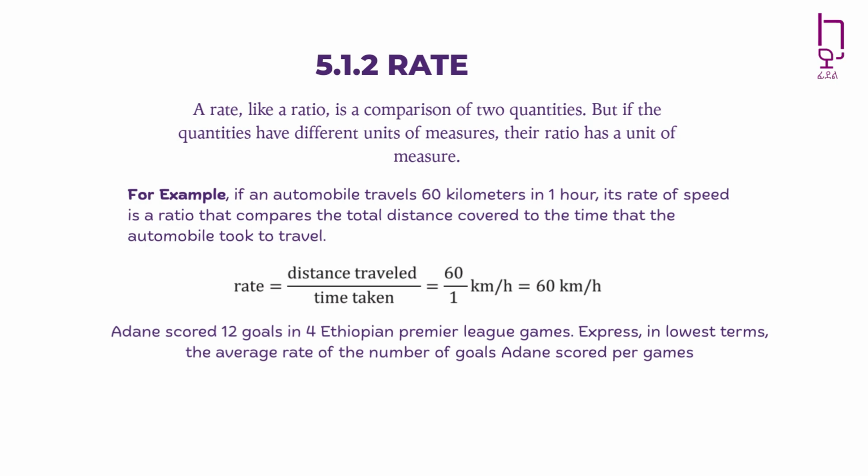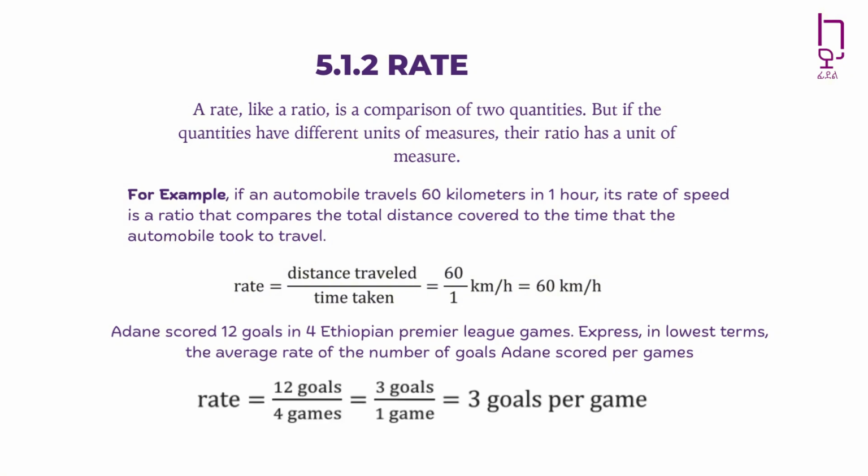Express in lowest terms the average rate of number of goals Adana scored per game. So the rate would be, he scored 12 goals, it would be the numerator, and he has out of 4 games, right? So you have 4 in the denominator. So if you divide 12 by 4, you get 3 goals per game.